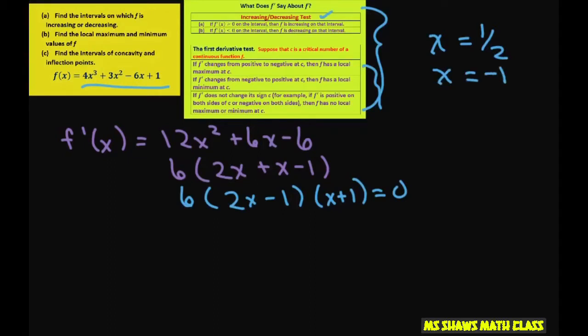So when we're talking about intervals increasing and decreasing, what you're doing is looking at a sign diagram, negative 1 to 1/2.